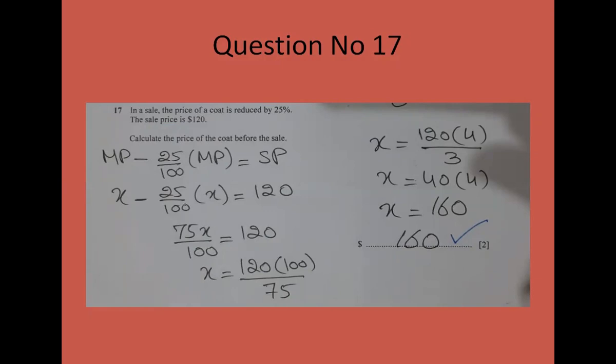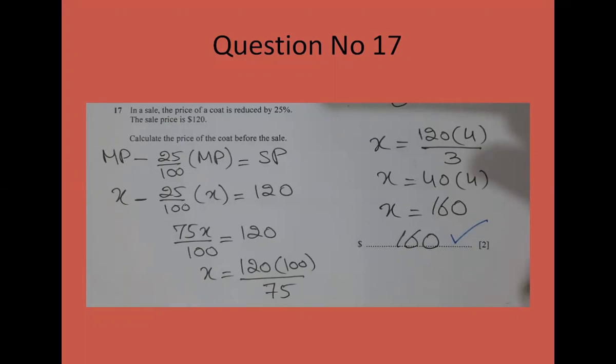So suppose the marked price is X, the price before the sale, and X minus 25 by 100 into X. So you will have 100X minus 25X, the whole thing divided by 100. So you will have 75X divided by 100 equals 120. So X will be equal to 120 into 100 divided by 75.